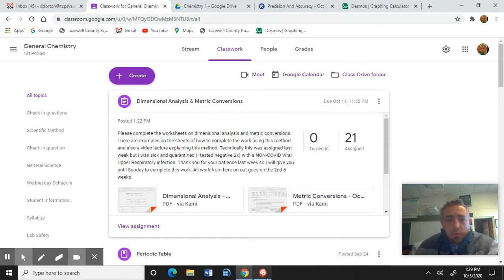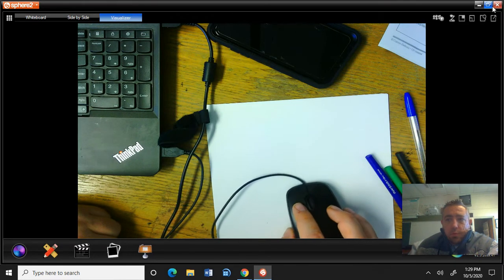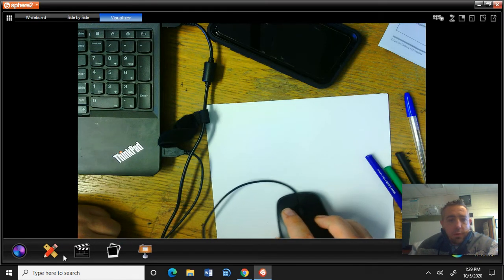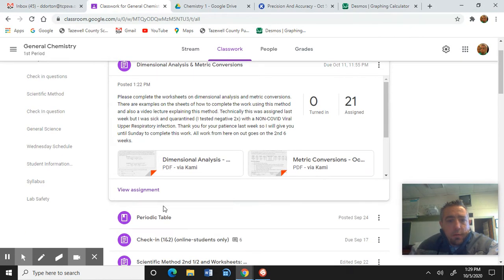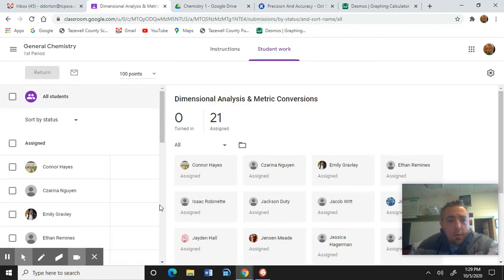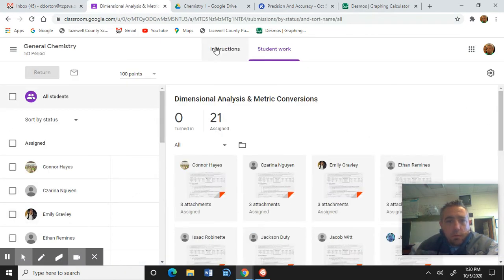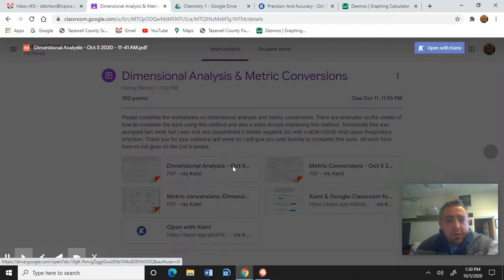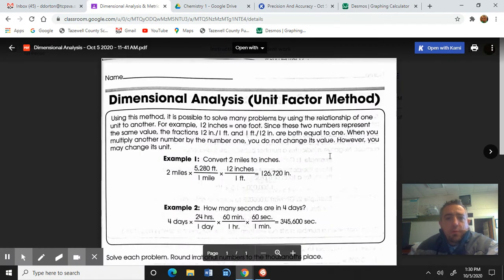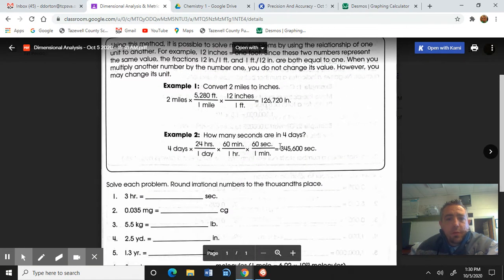So let's pull this up. Let's look at instructions. Okay, let's look at this one first, the dimensional analysis worksheet.